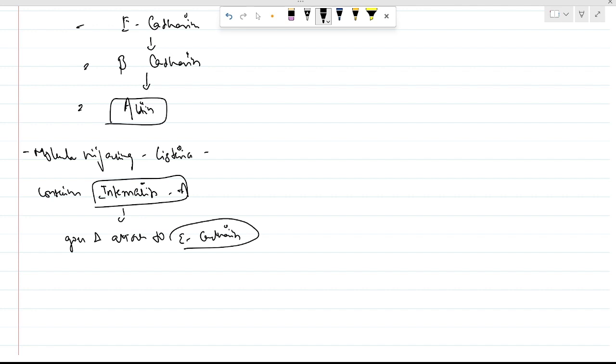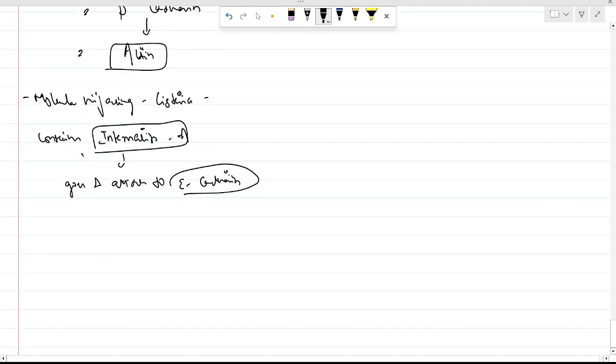This Listeria microorganism contains internalin A, which goes and attaches to the cadherin. This leads to invasion by Listeria.